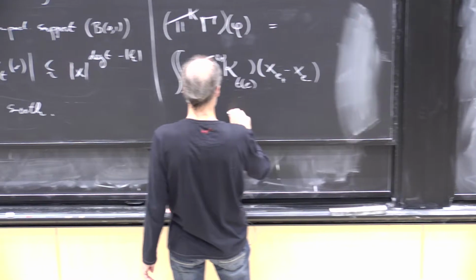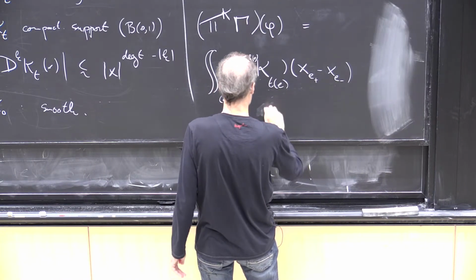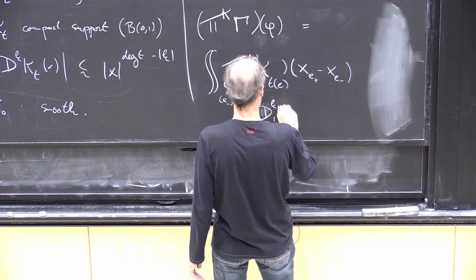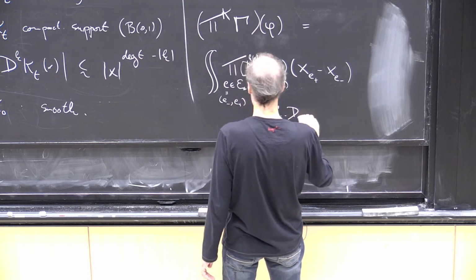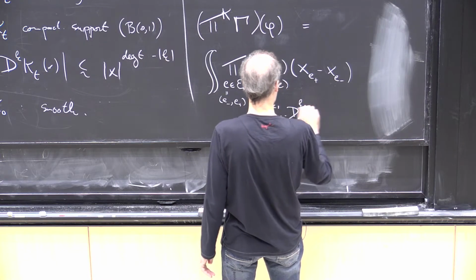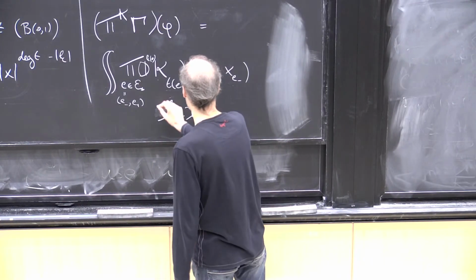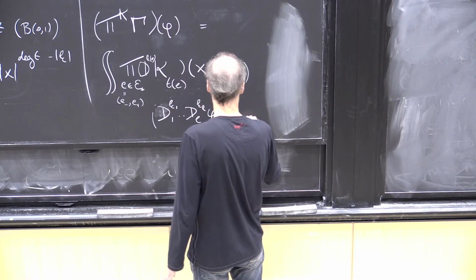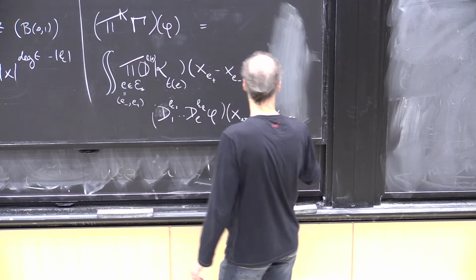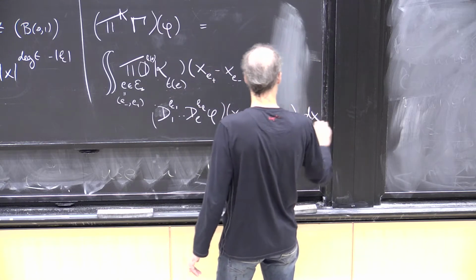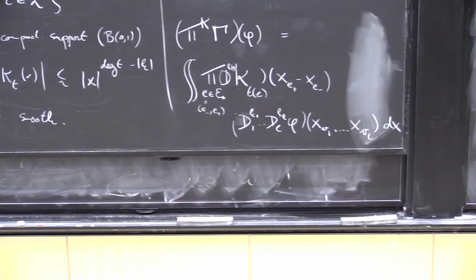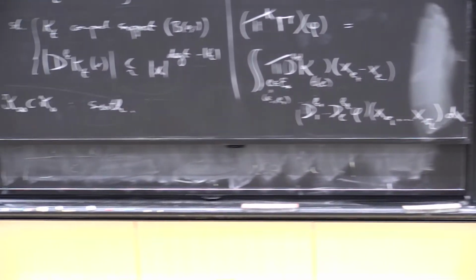So here you take a, say, product, well, a D1 K1 up to D L K L, if you have L legs, phi of x V1 up to x V L, dx, where I call now this vertex V1, this would be V2, this would be V3.